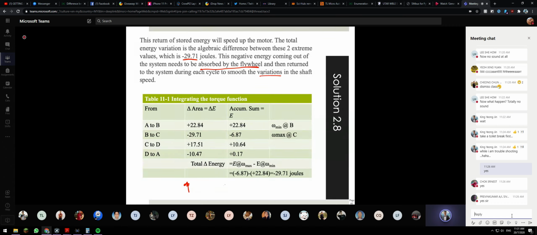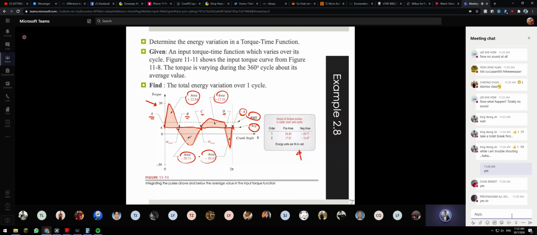So what happened here is you can see from point A to point B, we have this positive 22.84 joules of energy that has to be supplied to the system. Because this is a starting point, you just do the summation of the energy, so you get a positive 22.84. Then the second graph there, if you go back to this one, the second one we have negative 29.71.